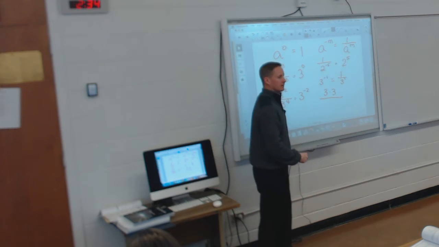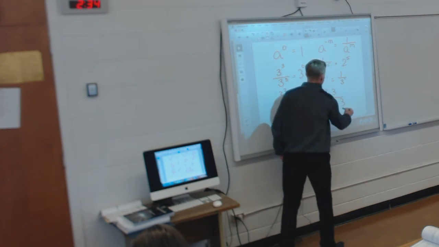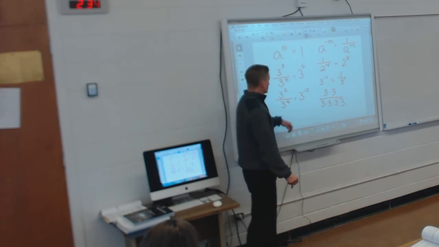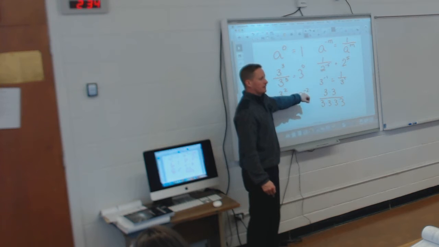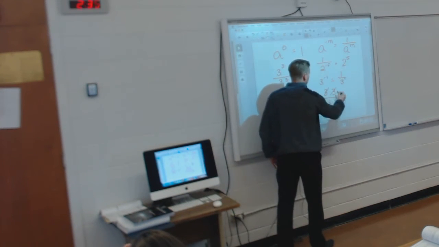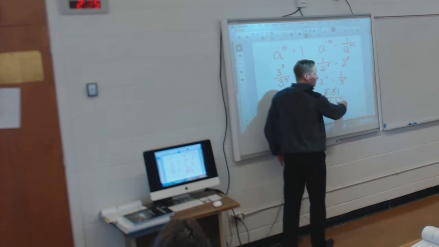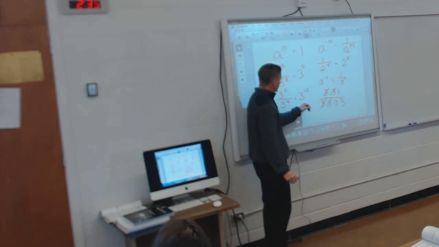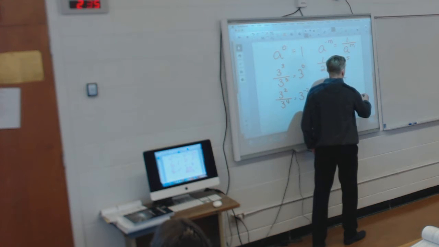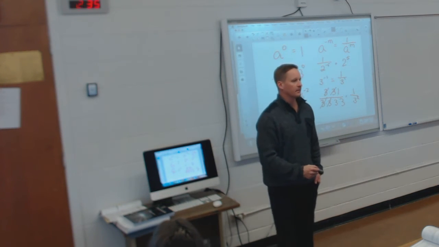Agreed? And on the bottom I have 3 times 3 times 3 times 3. Good so far? So what is 3 to the negative 2 written with a positive value of 3? That becomes 1 up here because I cancel them. And where do those 3 squareds go? 3 times 3 goes on the bottom and becomes 1 over 3 squared. That's why it works like that. Okay?